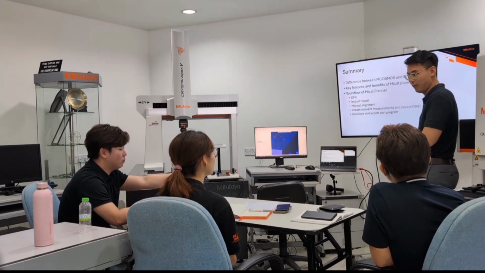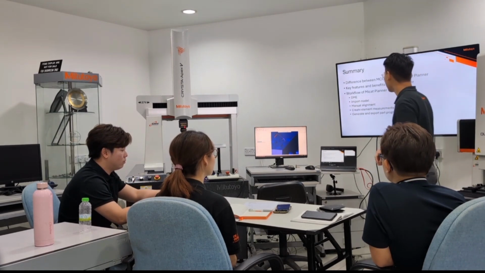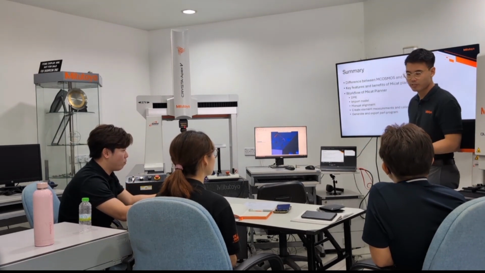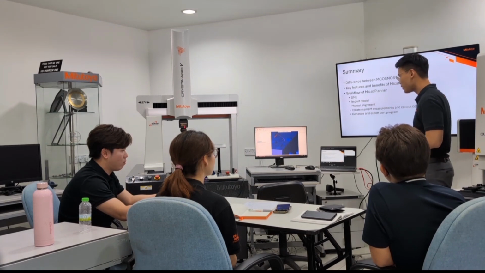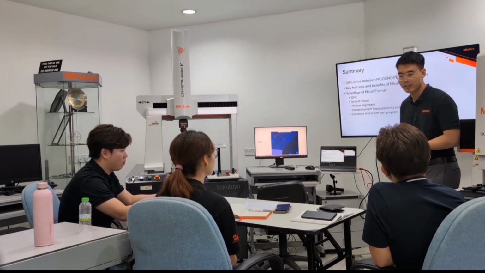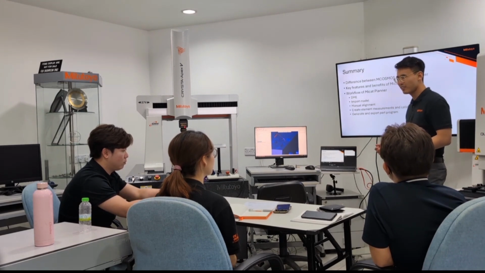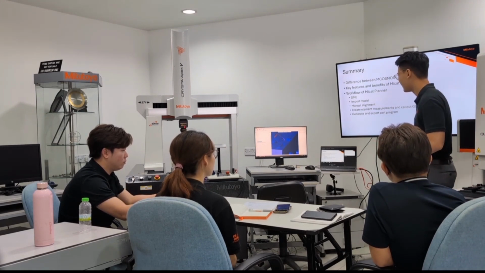Okay, so we also discussed the key features and benefits of Micat Planner. For example, it saves us a lot of time in creating a part program, up to 95% time reduction, right?